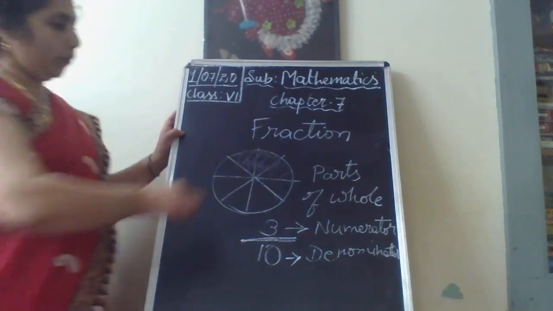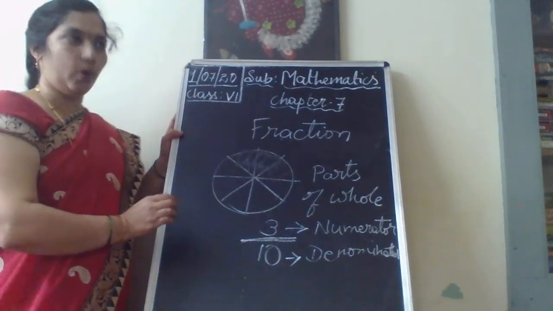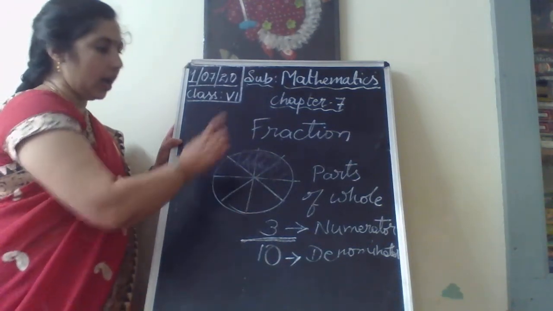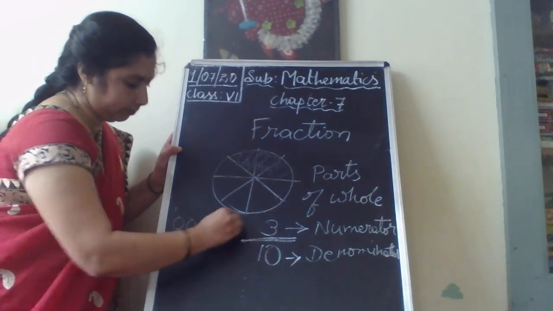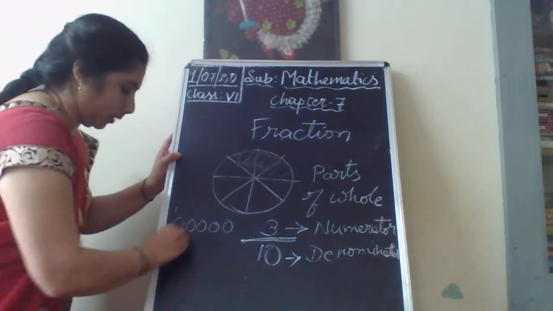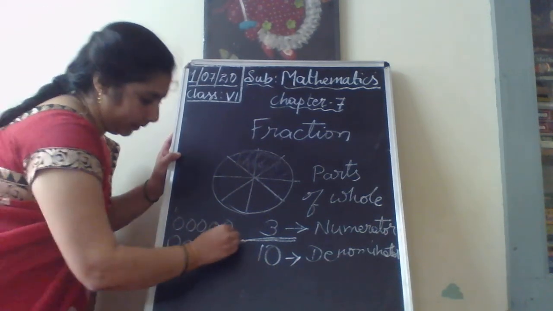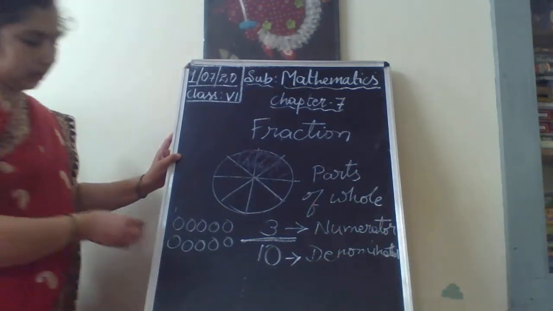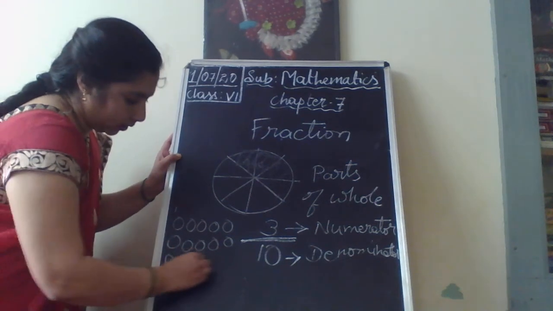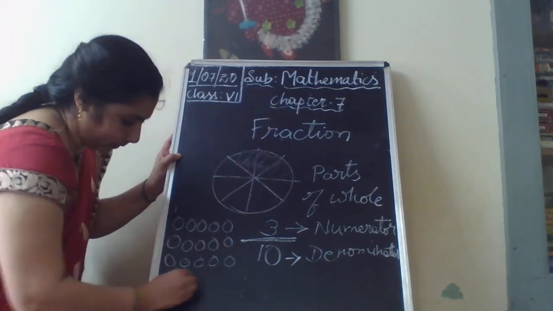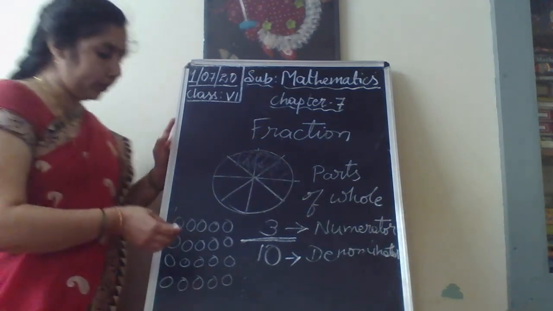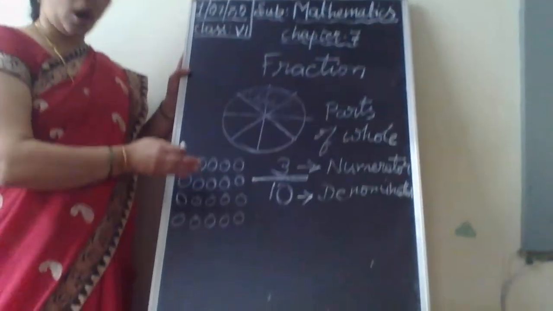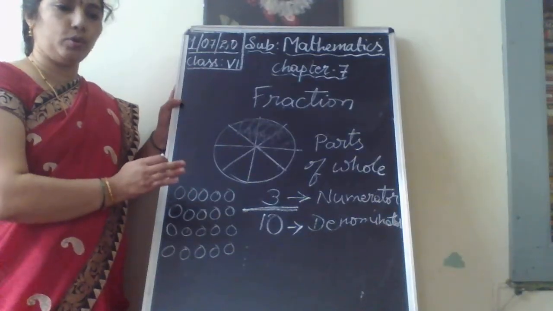I told you fraction is a part of a whole thing. The whole may be a single piece or a group of something. Here I am writing marbles, marbles of the same size. There are 20 marbles. Now I want to distribute half of these marbles to the 2 groups of the class.